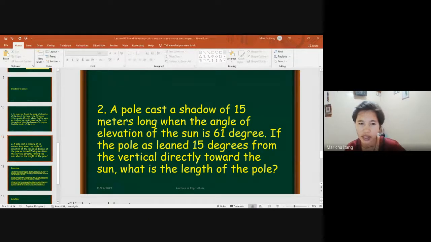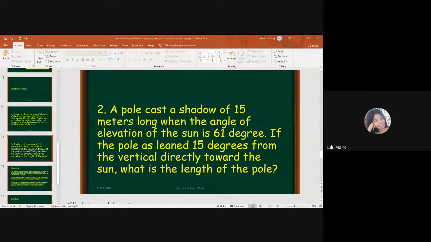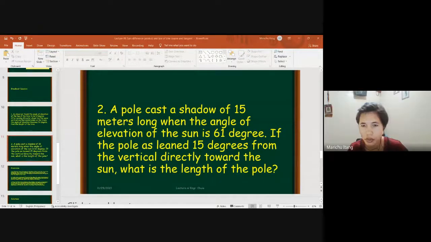You can use the chat box for the discussion, or you can open your mic if you want to talk to your group mates. So you have 5 minutes to answer. Okay, so this is problem number 2.